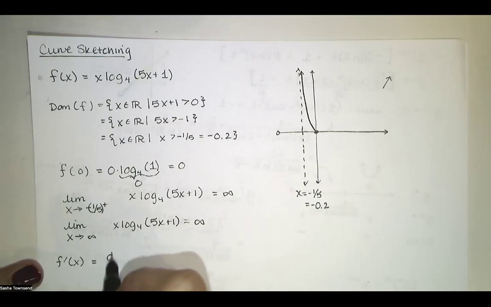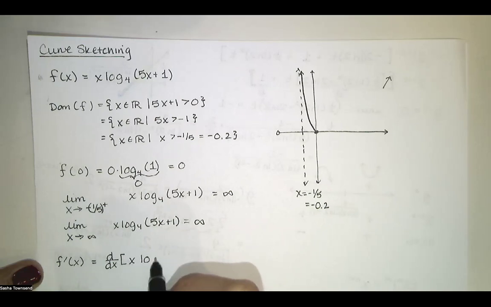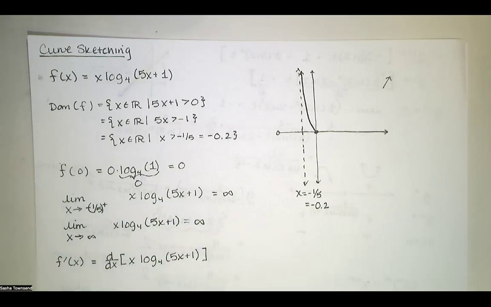Computing the derivative requires us to use the product rule. Got the derivative with respect to x of x times log base 4 of 5x plus 1. And our first function is x. Our second function is this log base 4 of 5x plus 1. So we say, well, we're going to have to take the derivative using the product rule.